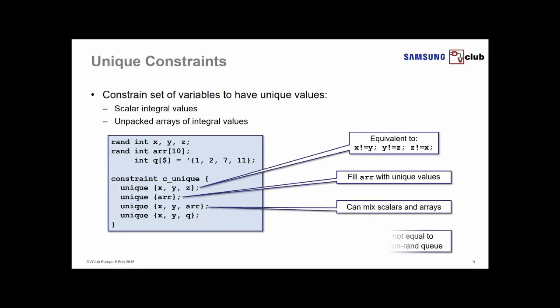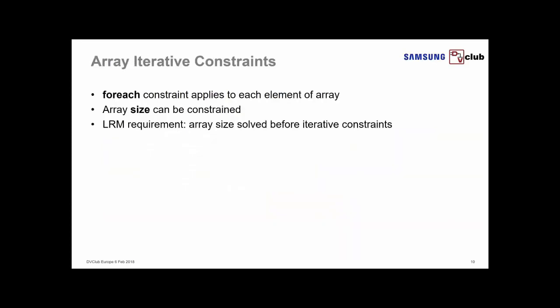I can mix variables and arrays. So here X, Y, and the contents of the array will all be unique. Here I can pick X and Y such that they are not equal to any of the values in the queue. So there are many combinations of these things you can use.